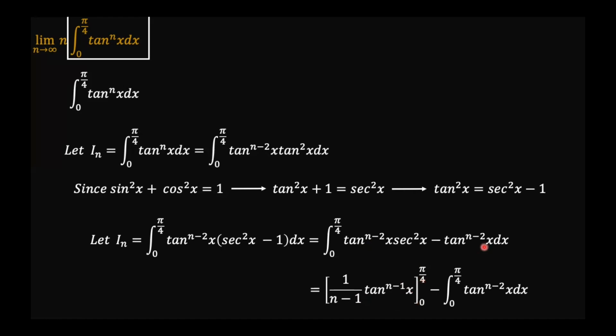Minus, just keeping the integral sign here, the integral of tan to the power n minus 2 of x. Now, if I_n is the integral of tan to the power n of x, this now becomes I_n minus 2.